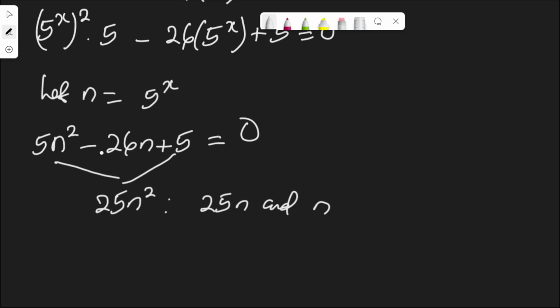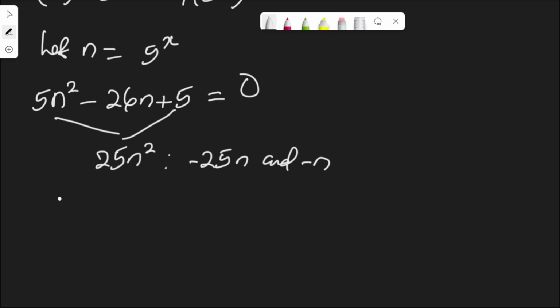Since the middle term is negative, this should be negative and this should be negative. So we replace the middle term now with these factors so that the equation becomes 5n squared minus 25n minus n plus 5 equal to 0.